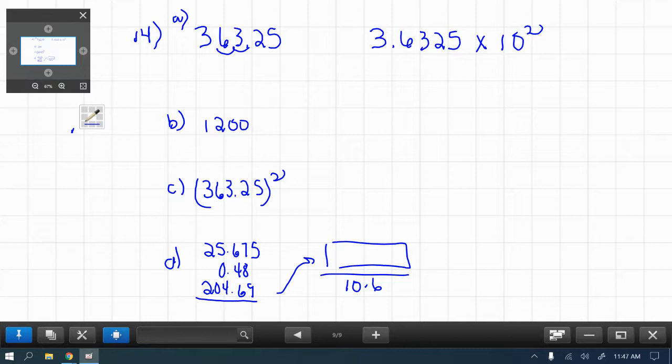So you always want to move your decimal place all the way as far left as you can, until there's only one number left. So 3.6. So if I'm doing this one, 1, 2, 3.